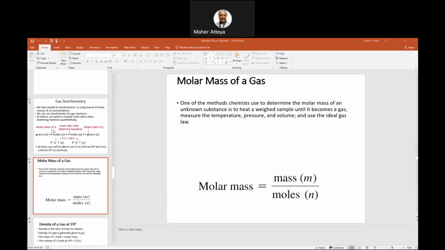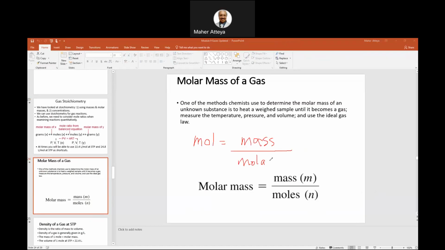So we said mole is defined as a ratio between mass over molar mass.